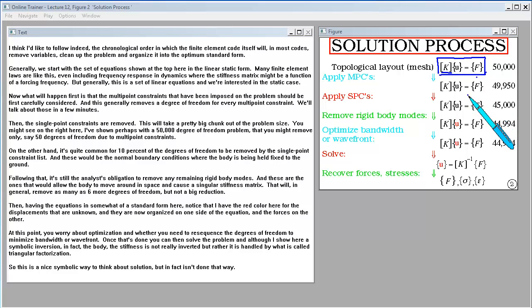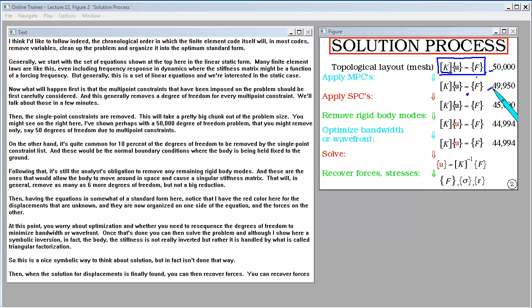Then the single point constraints are removed. This will take a pretty big chunk out of the problem size. You might see on the right here I've shown, perhaps with a 50,000 degree of freedom problem, that you might remove only, say, 50 degrees of freedom due to multipoint constraints. On the other hand, it's quite common for 10% of the degrees of freedom to be removed by the single point constraint list.